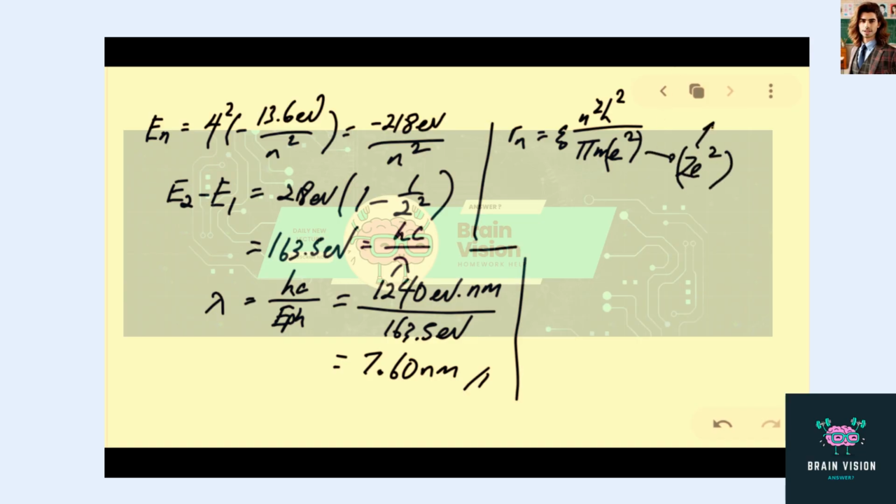And in this case, our Z is 4. So for beryllium, this radius will be just a naught over 4, so this is just 1/4 of the radius for hydrogen.